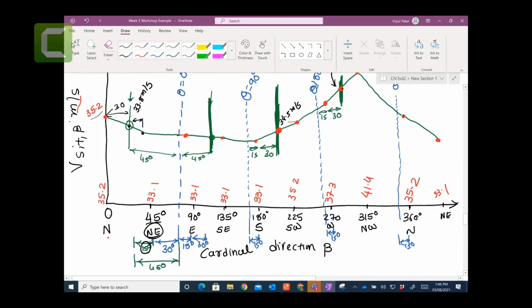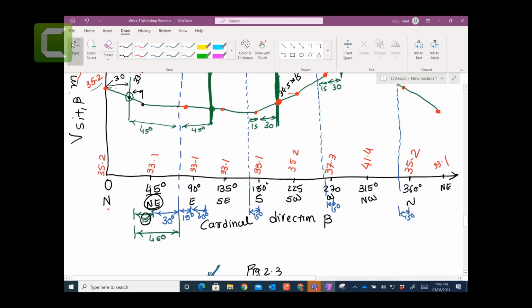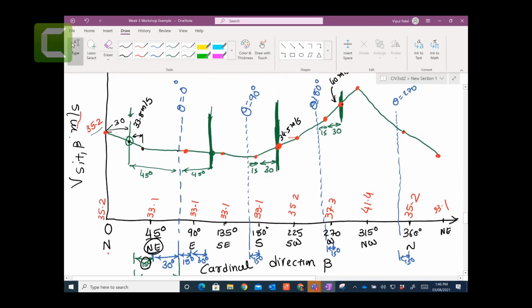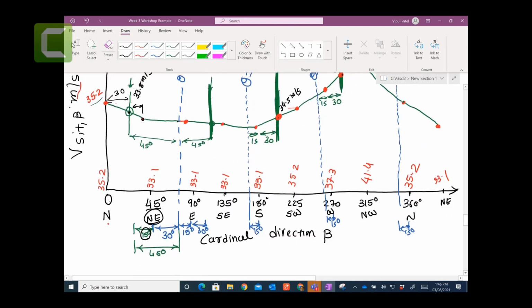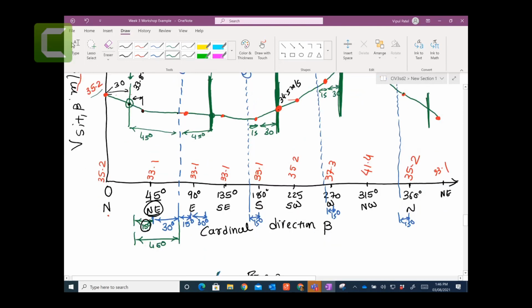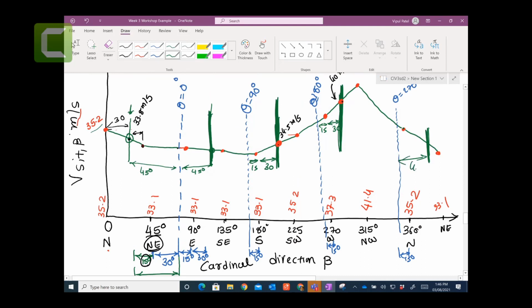Again, this is 15, this is 15, and we have 30. So this is 30 here, and we have another 50. So this pole is still going to go in here, which is 45 degree, and you have 30 degree pole here. So that is measuring 45 here and measuring 45 here.